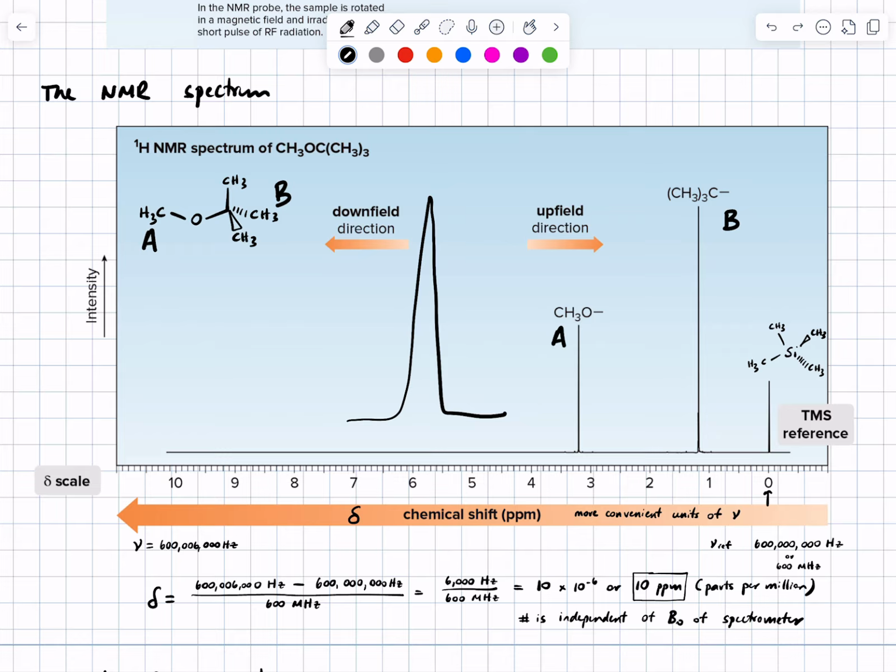Anyway, it's silly, but you can integrate the area under the peak, and the area under the peak is proportional to the number of hydrogens represented by that peak.